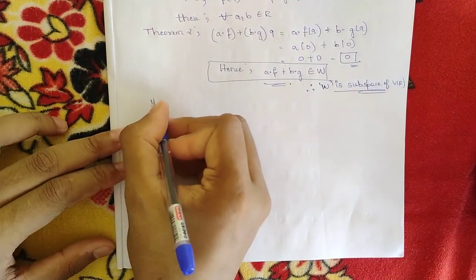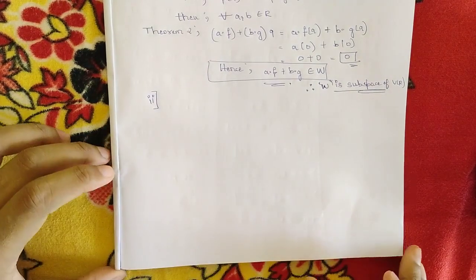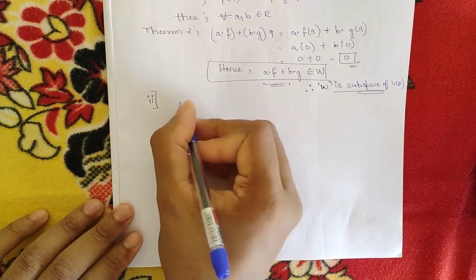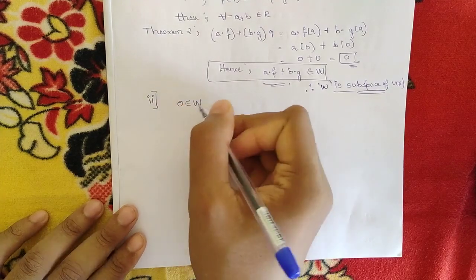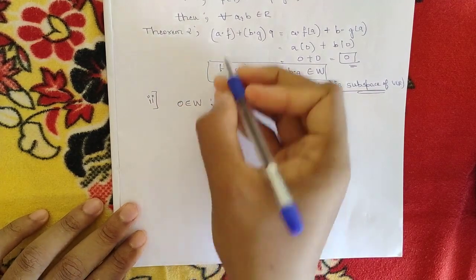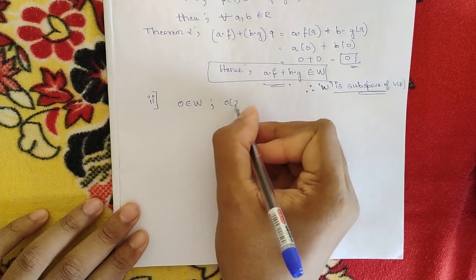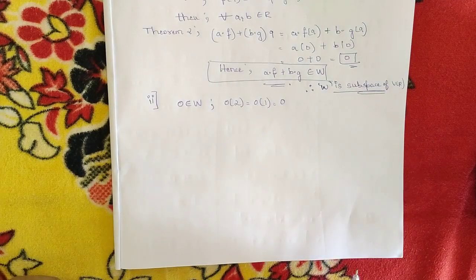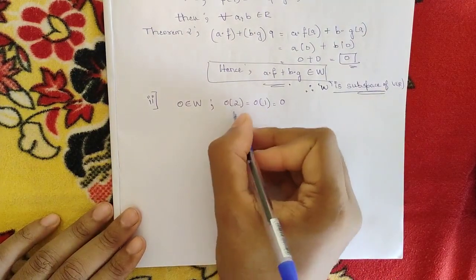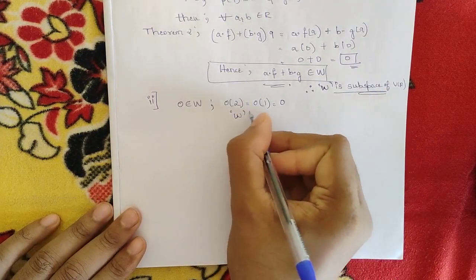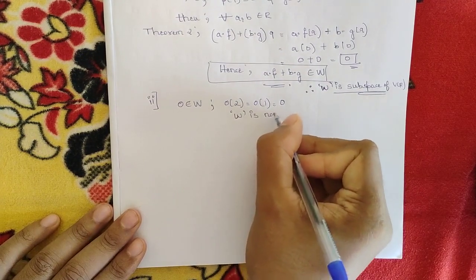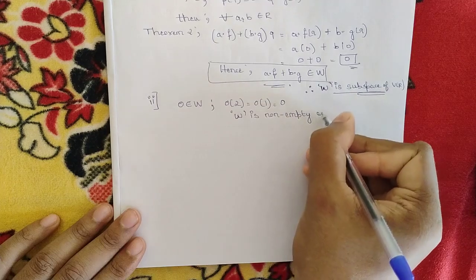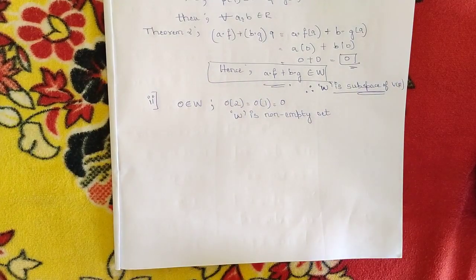Now the second sub question. Here again the 0 belongs to the set of whole numbers, so we can write f of 2, that is 0 of 2, is equal to 0 of 1 equal to 0. Okay, so we could be saying that W is a non-empty set. The set of whole numbers is a non-empty set because it has the values starting from 0 to infinity.